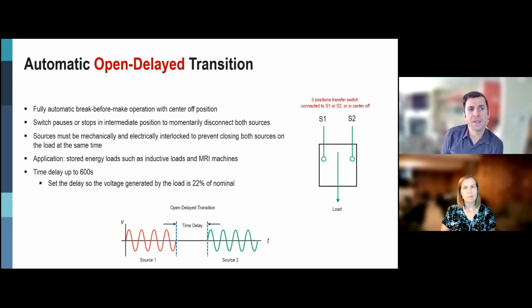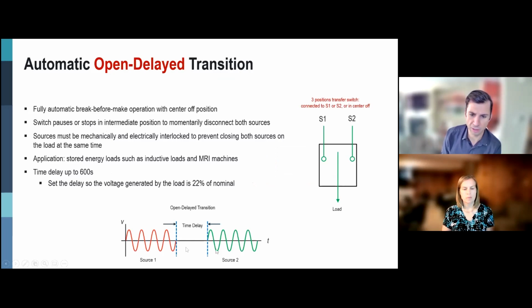The first one is the automatic open delay transition. It is fully automatic. It's what's called break before make operation, so we're breaking the connection before we switch the load from one source to another. The switch stops or pauses in the center position for a predetermined amount of time.